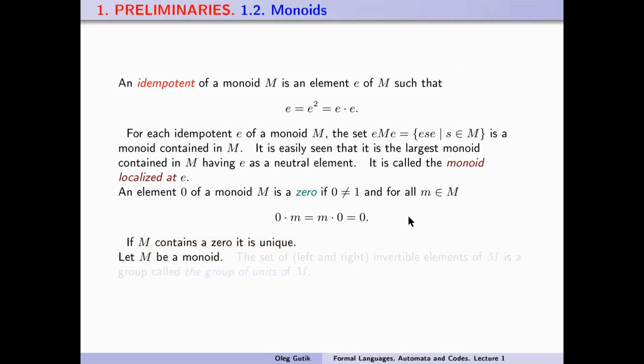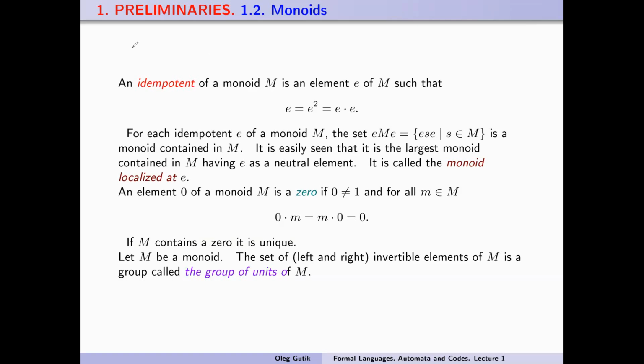Next, let M be a monoid. The set of left or right invertible elements of M is called the group of units of M. What are invertible elements of a monoid? Maybe we should start with the following property.